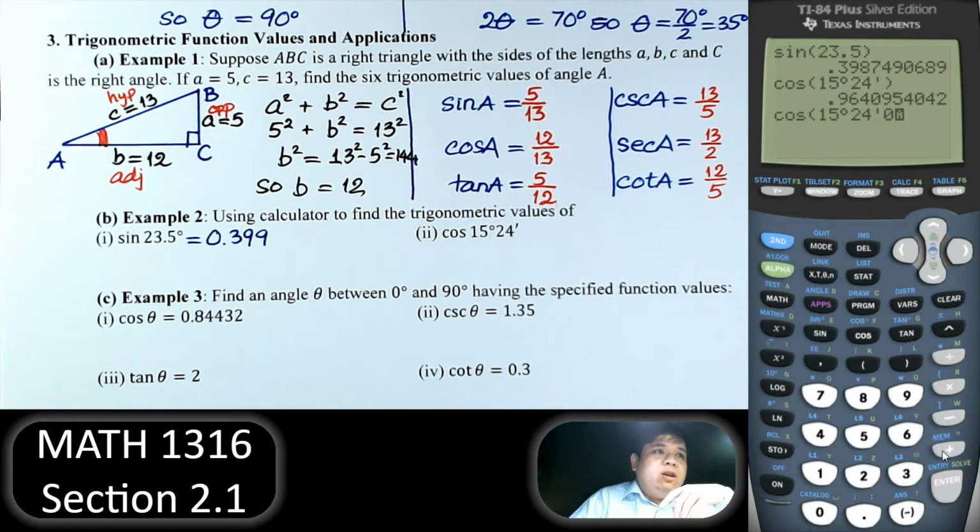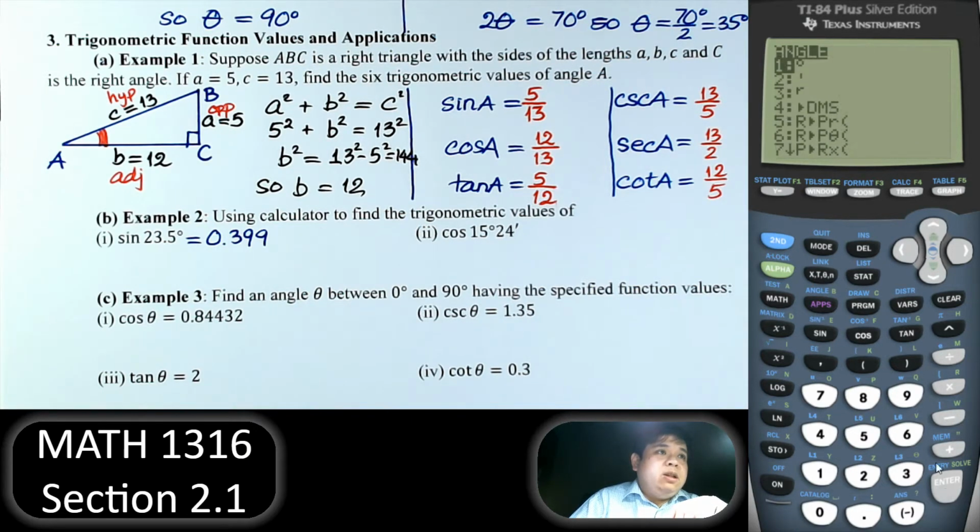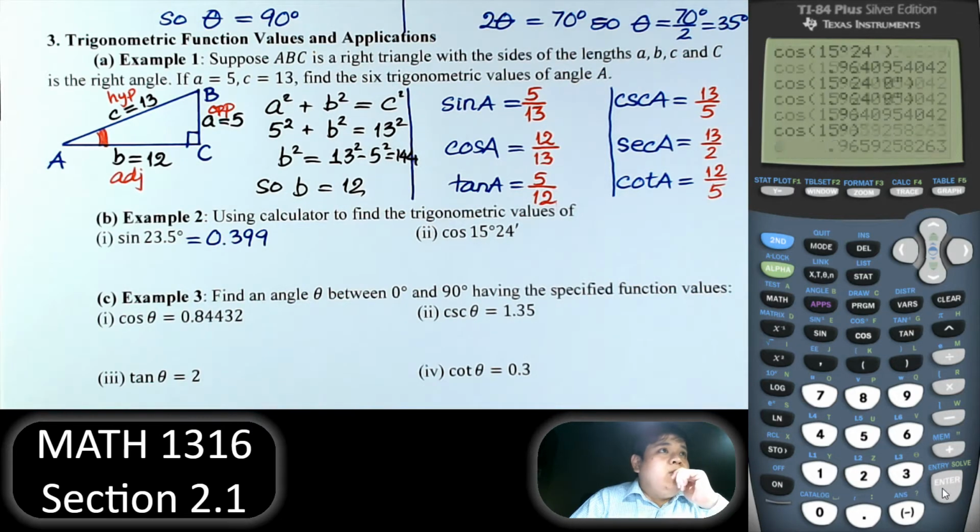It could be alpha plus. Right, that's the same thing. But if you just type cosine of 15 degrees by itself, it still works. Let's see, if I just want 15 degrees, you see, never mind. So that still works.